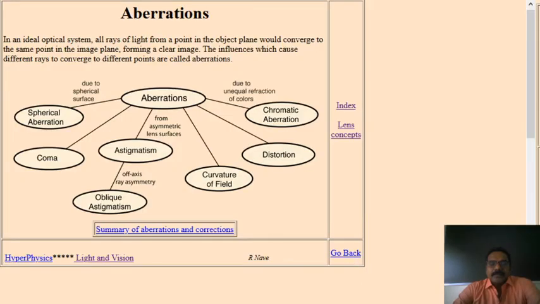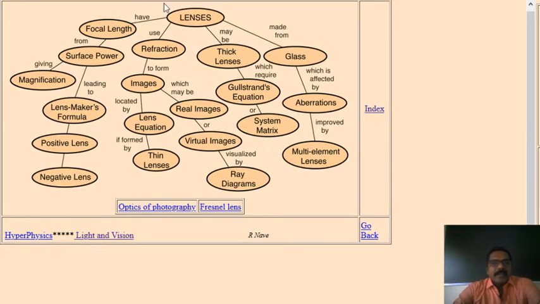It's linked with so many concepts. So look at this, in a lens concept.